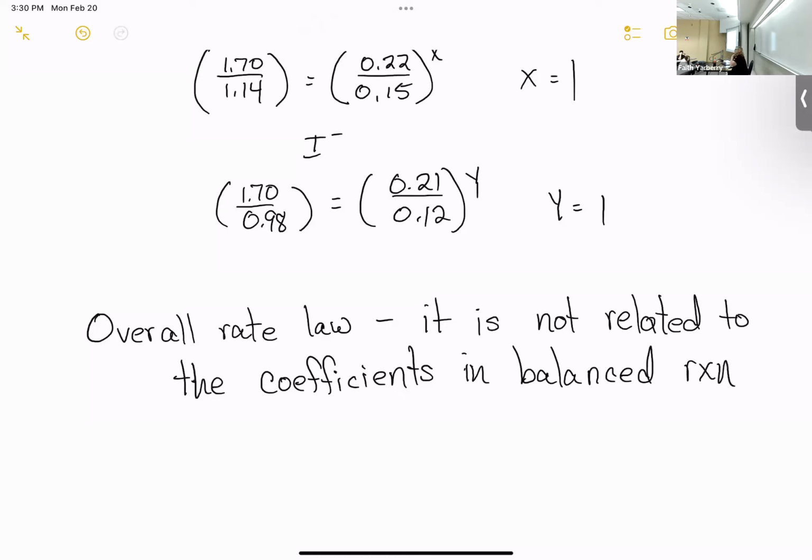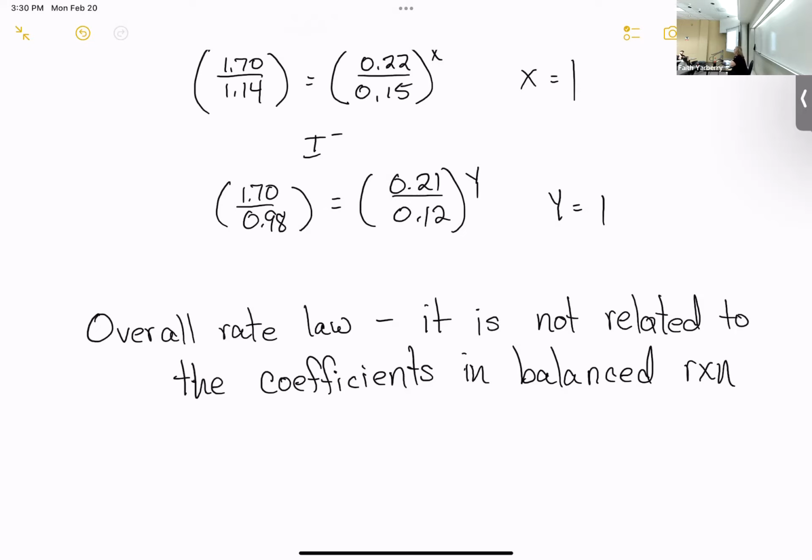Sometimes you get lucky and you can use the coefficients, but most of the time it's not necessarily related. In this particular case, we had 1 S2O8 2-, and we had 3 I minus in the original reaction, but the overall rate law has nothing to do with those coefficients.